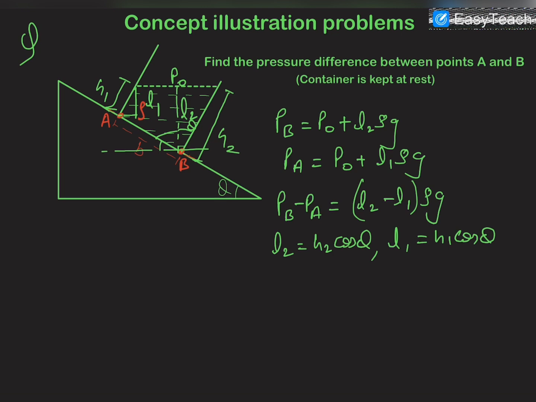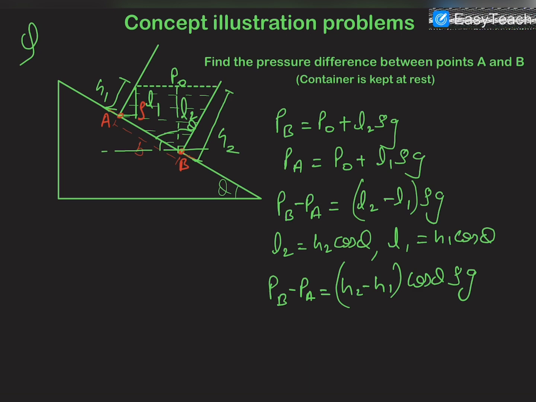So PB minus PA will be equal to H2 minus H1 into cos theta into rho g. Okay, so this is H2 minus H1.